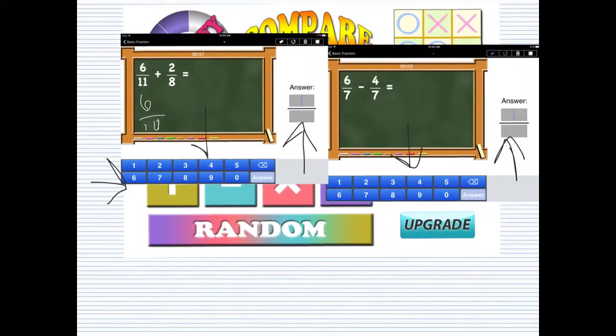Here I'm comparing the adding and subtracting. You can tell there's an addition symbol on the left one and a subtraction symbol on the right. They're pretty similar, except the students will be adding in one and subtracting in the other.